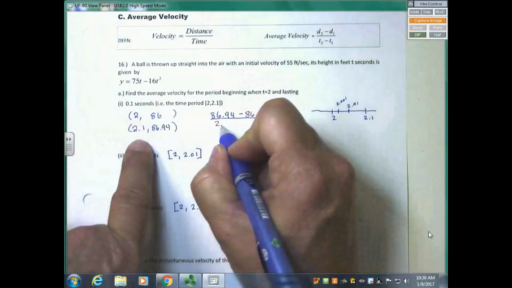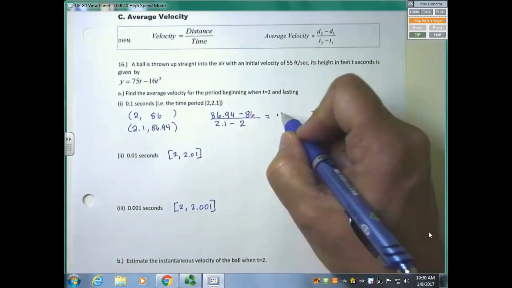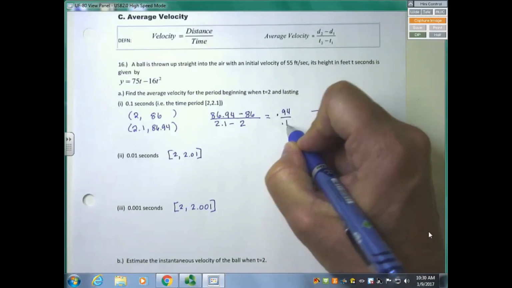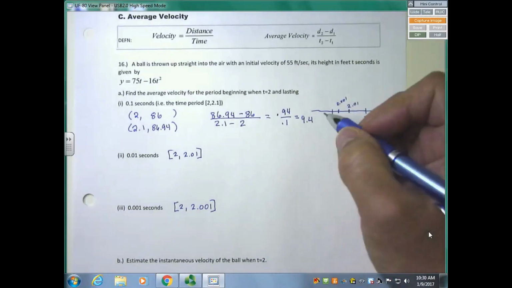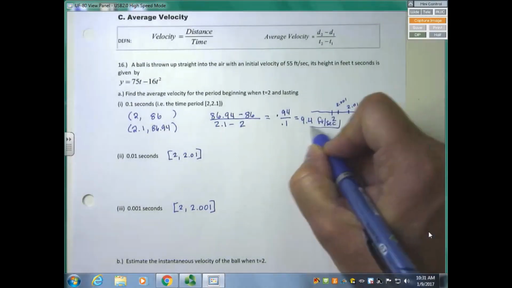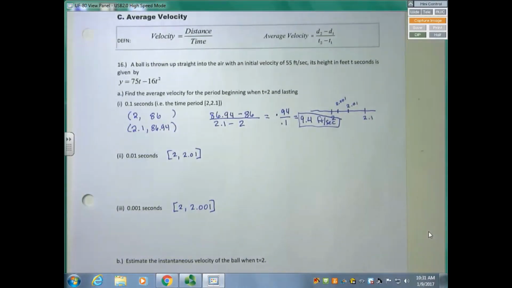So just a regular slope. That gives me 0.94 divided by 0.1. So that is 9.4, and these are feet per second. So there's the average velocity between 2 and 2.1 seconds.